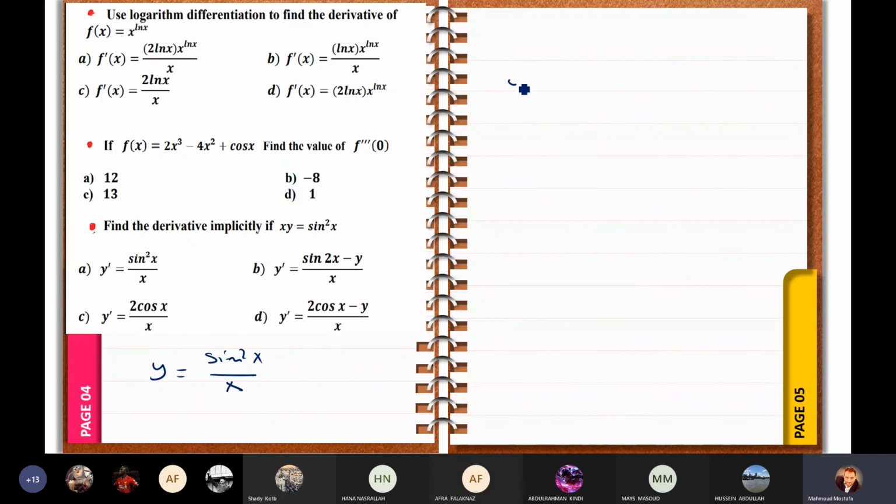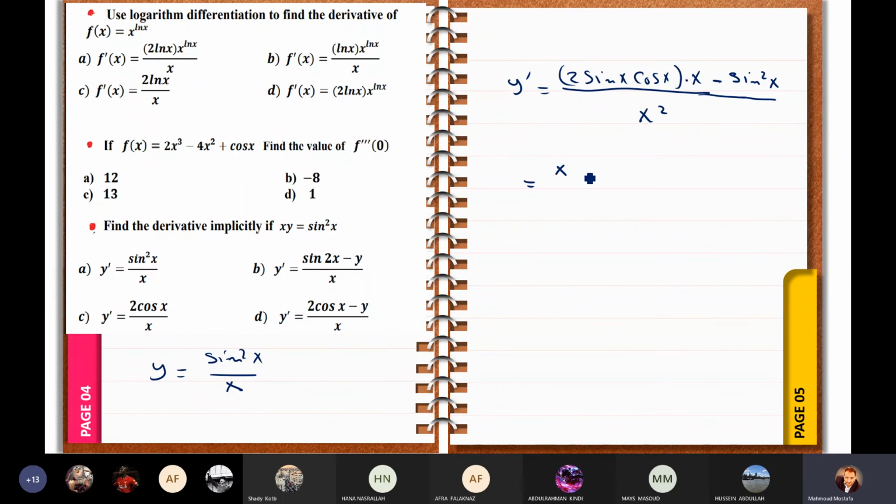So y prime will be 2 sine x cosine x multiplied by x, minus sine squared x, over x squared.